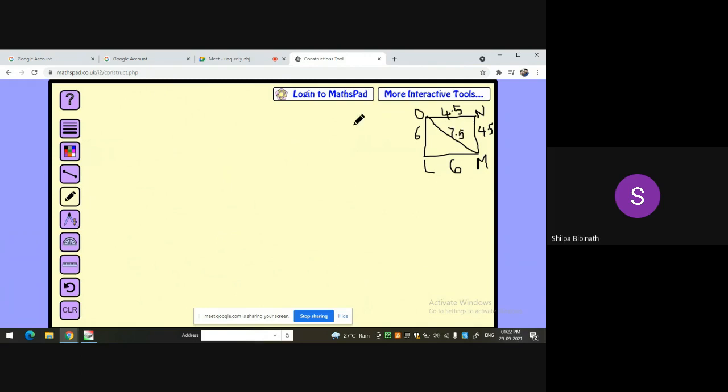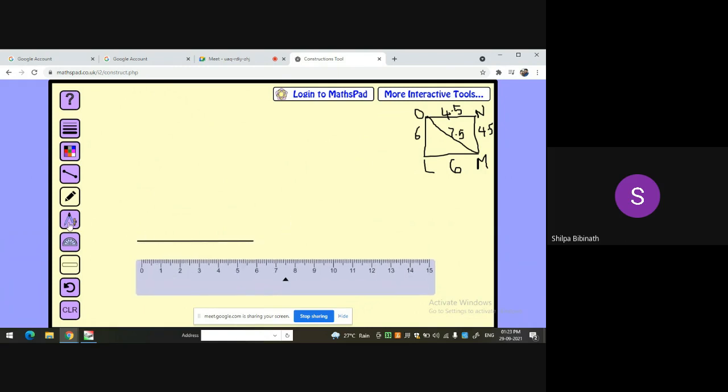So here we just need a scale and the compass. Okay, take your ruler, keep it properly straight. First LM we will draw 6 centimeter. Okay, so from 0 to 6 centimeter over here, and then same measurement with the help of compass we are going to do it.